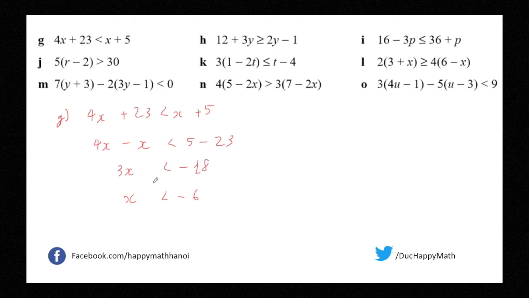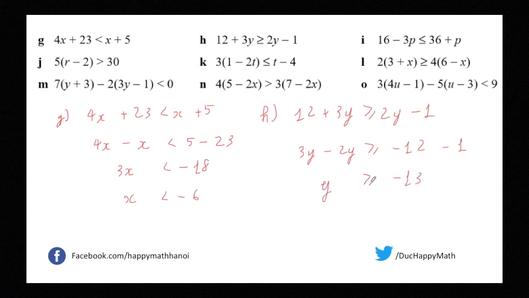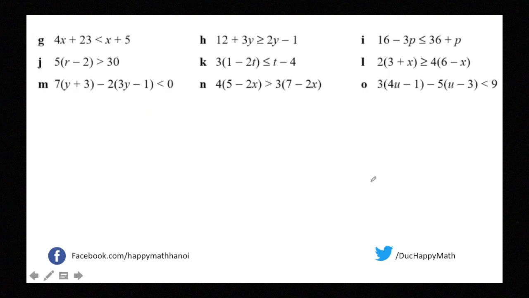Divide both sides by 3. Question 8. 2y minus 1, and you get 3y minus 2y, and minus 12 minus 1. Y here is minus 13 here. Okay, so the last one.